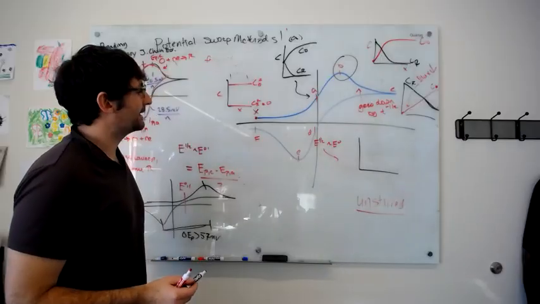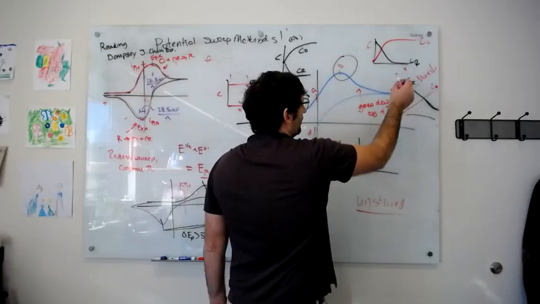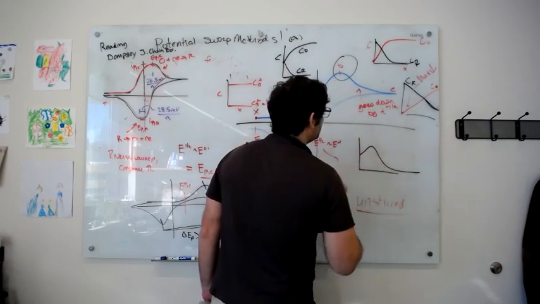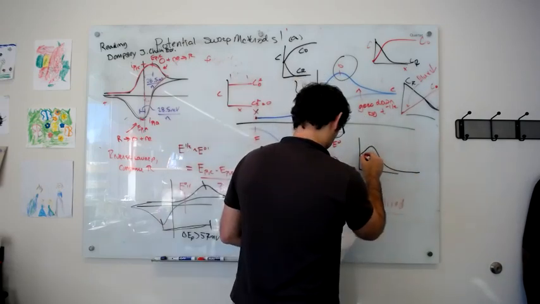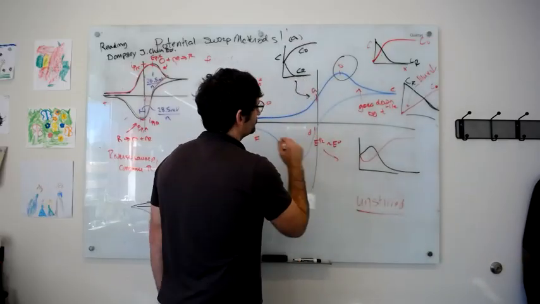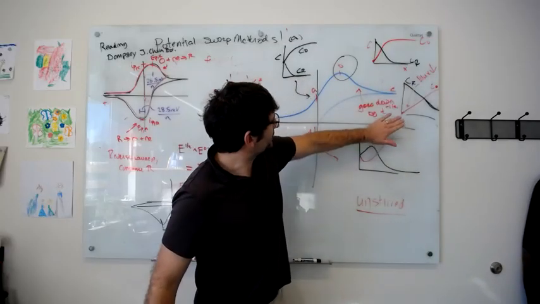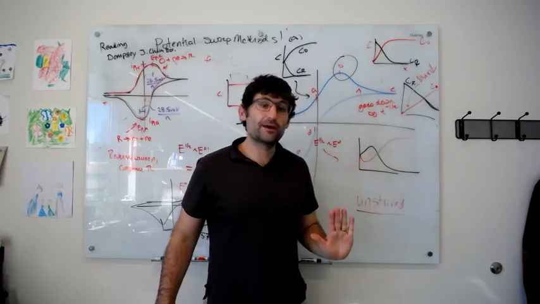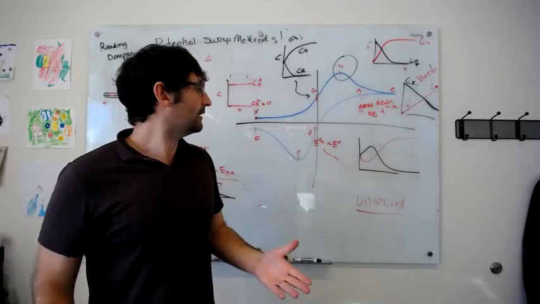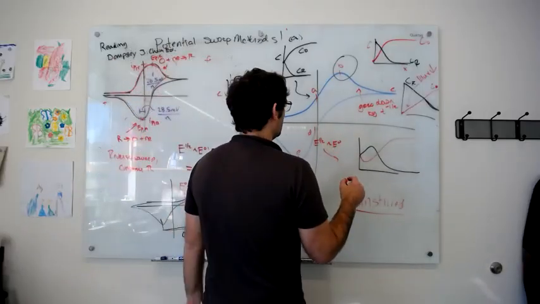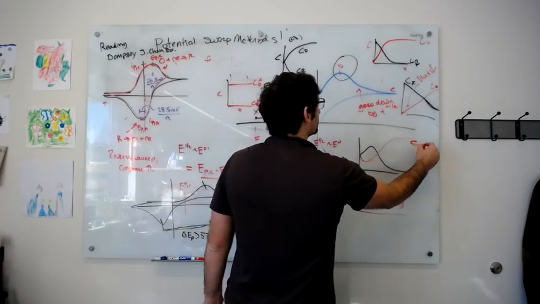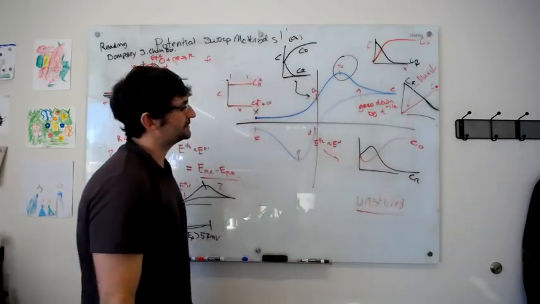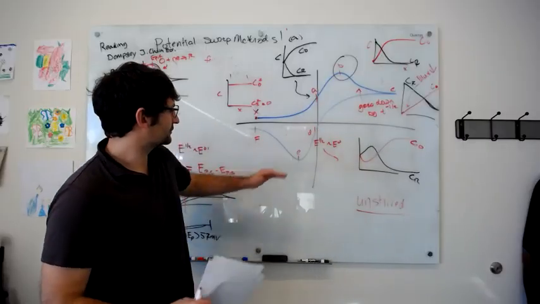We want to convert it back to O. And so this R will start to convert back to O. And what you'll see is you actually get a hump here where the concentrations, you've started to deplete the R and generate more O, but that hasn't yet affected the area far away from the electrode because the time for diffusion hasn't been long enough. And so you see these interesting concentration profiles. So you can see C_O, C_R. Okay? You get these interesting concentration profiles on your reverse sweep.